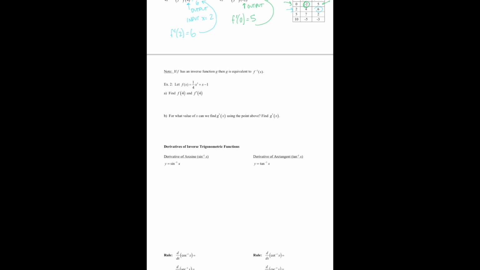All right, so for this problem, this is an easy one. If it says what is f of 4, you're going to plug 4 in for those x's. So 1/4 times 64 plus 4 minus 1, which becomes 16 plus 4 minus 1, which is 19. So when you put 4 in, 19 comes out. Input, output. Okay, this is asking us to do the derivative.